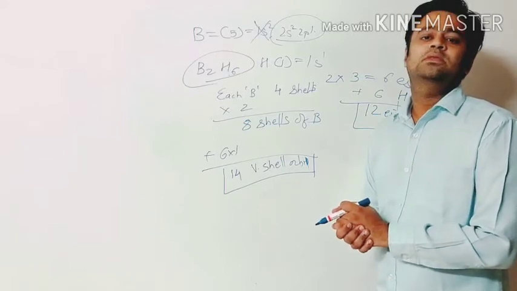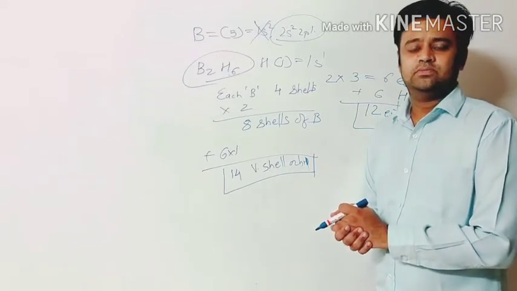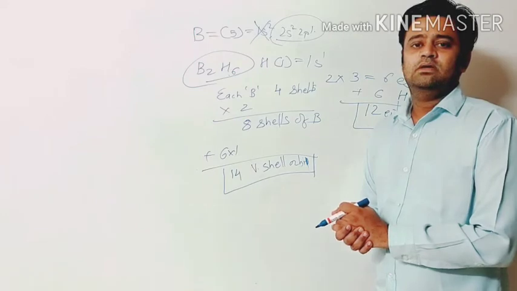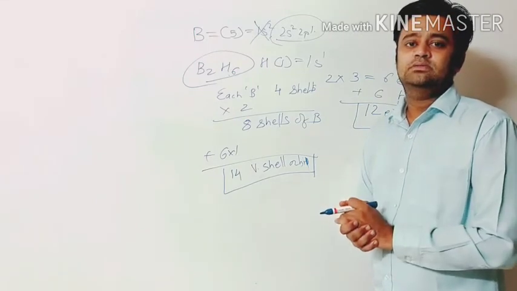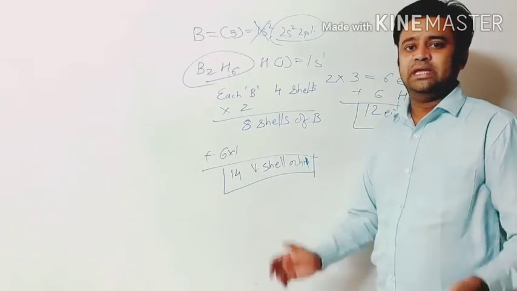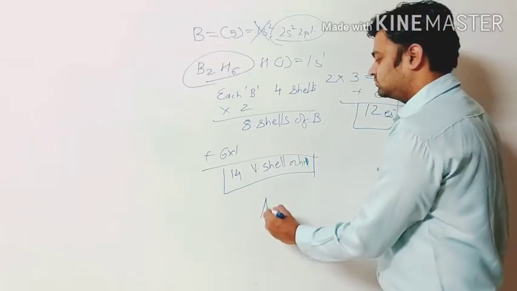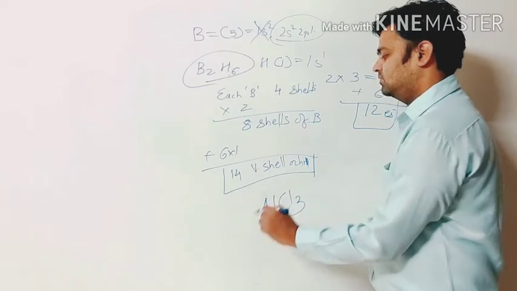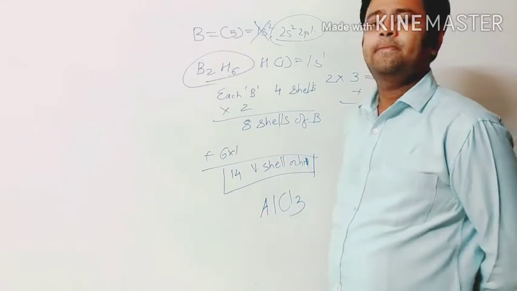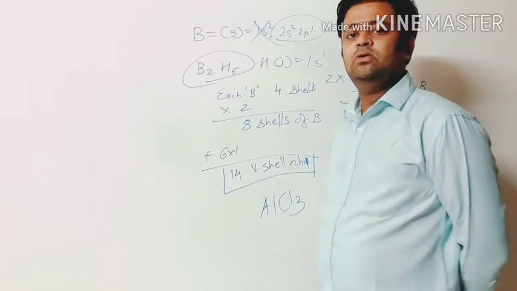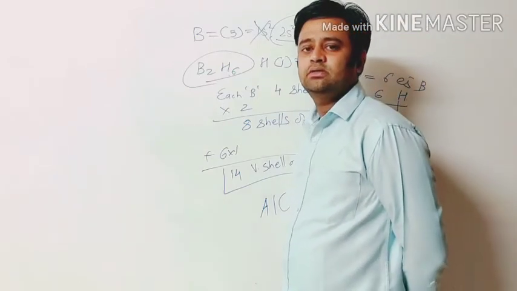The boron family forms a number of compounds, and they are electron deficient molecules. Talking about AlCl3, it is also electron deficient.